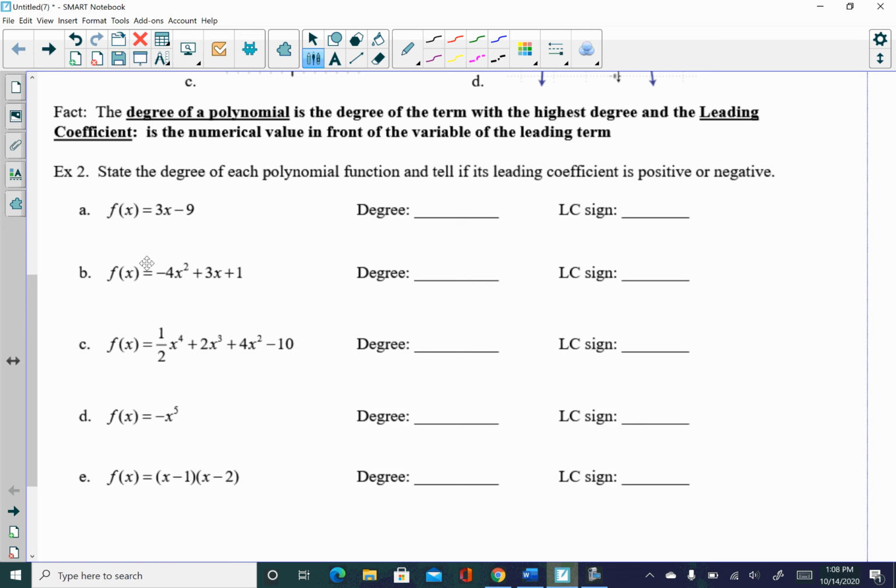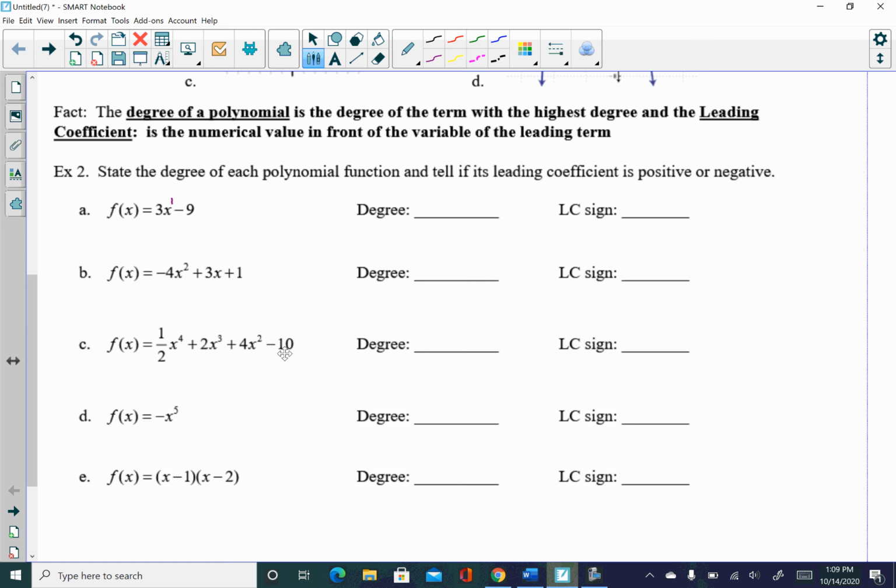And so your degree is always associated with the exponents. So you'll notice here in letter A, this is x to the first power, and then the second term doesn't have any x's. If I move down to letter B, this is also in descending order. You have x squared, x, then number. Look at letter C. You have x to the fourth, x cubed, x squared, then number. So it's going down in descending order.